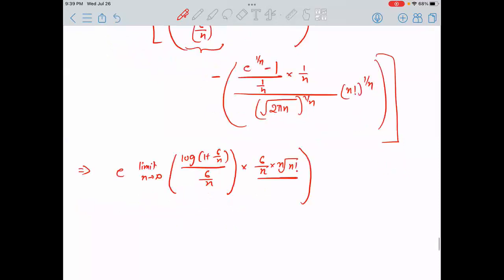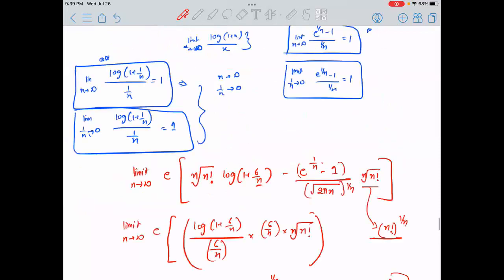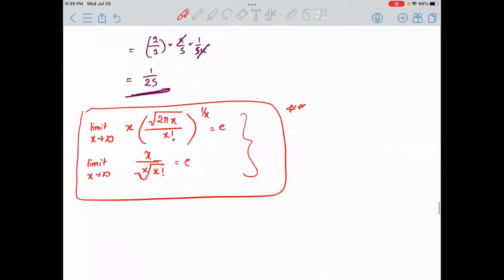Look, this part will become 1, I agree. But this is making some problem. So we'll go to what we know, the standard forms. Look, the standard form will be helpful.